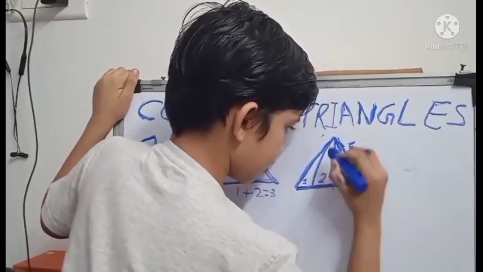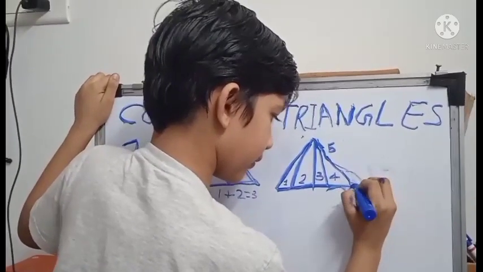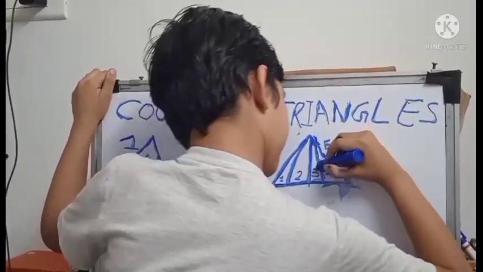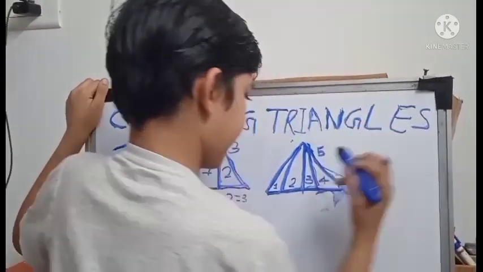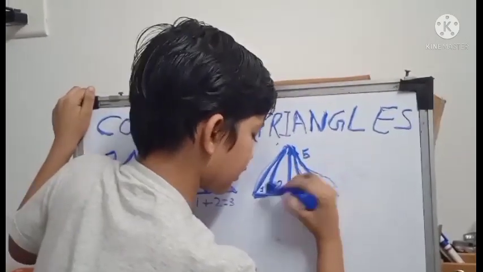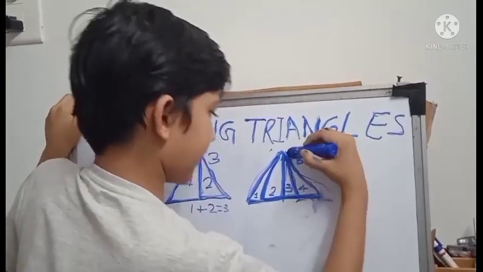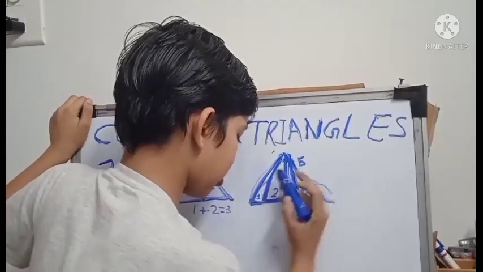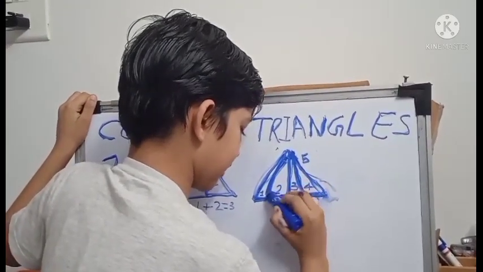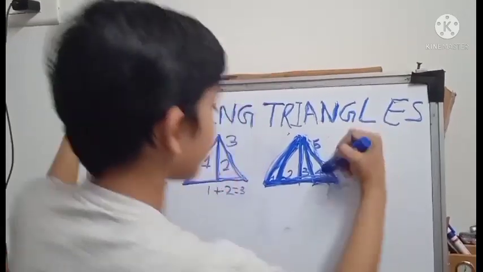Our first triangle is this, the second triangle is this, the third, the fourth, the fifth, the sixth, the seventh, the eighth, the ninth, and the 10th triangle is something like this.